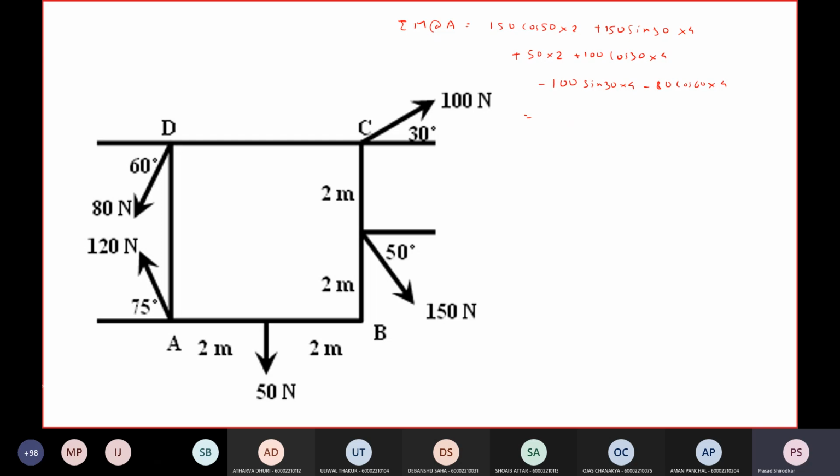Calculate. X-intercept is summation M divided by summation Fy, divided by summation.